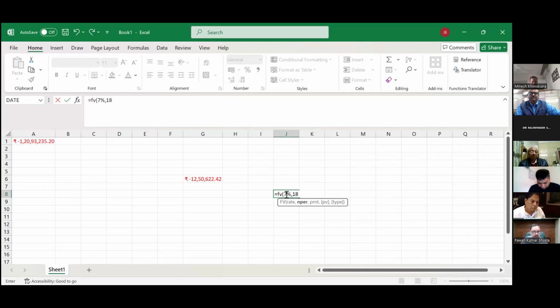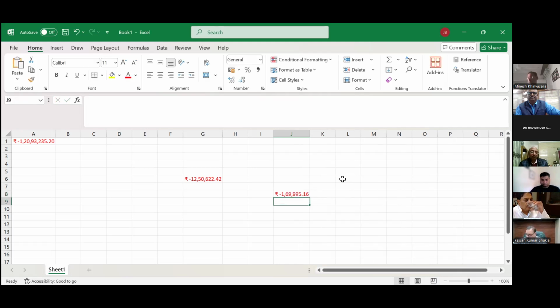Payment, you deposit 5,000 every year. So either you have to fill PMT or you have to fill PV, one of them. Here PMT is the amount to be deposited every year, comma, then for PV another comma, and for type you just type 0, bracket close. It is approximately 1,70,000.